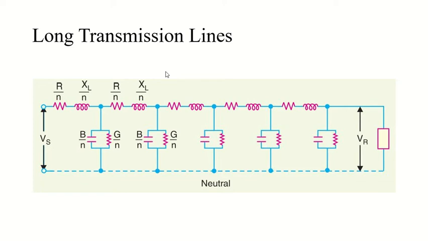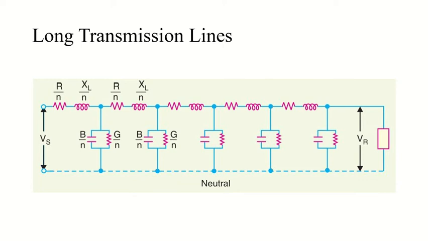Initially, we have seen what is a transmission line. We have seen different types of transmission line. We have gone through short, medium, and long transmission lines, and then we had a detailed discussion of short and medium transmission lines. In medium transmission line, we had two different methods to represent a transmission line, which were called nominal T and nominal pi representations.